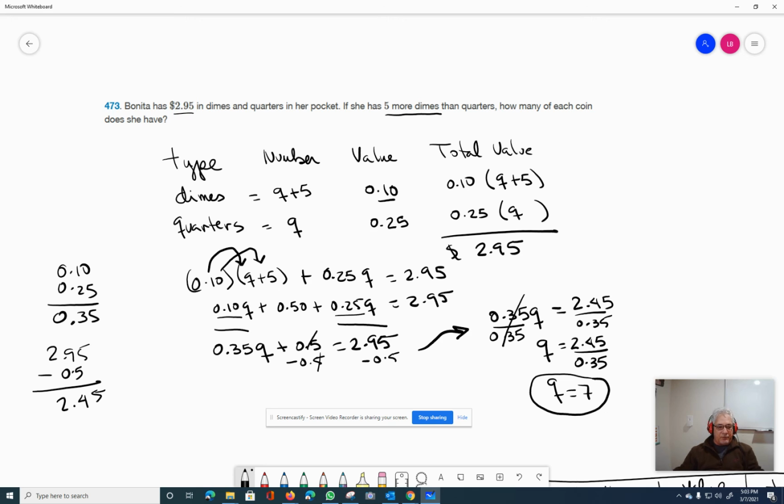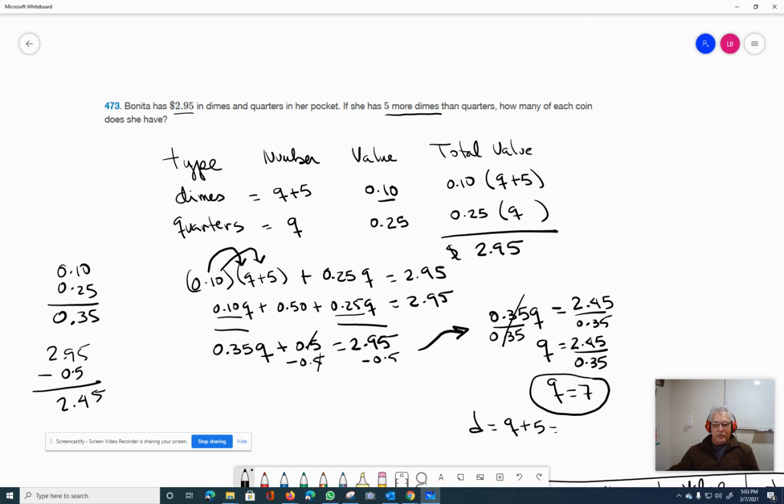Dimes will be equal to Q plus 5. In other words, 7 plus 5, that will be 12. So I have 12 dimes and 7 quarters. And that will be the answer for the problem that I was presenting before.